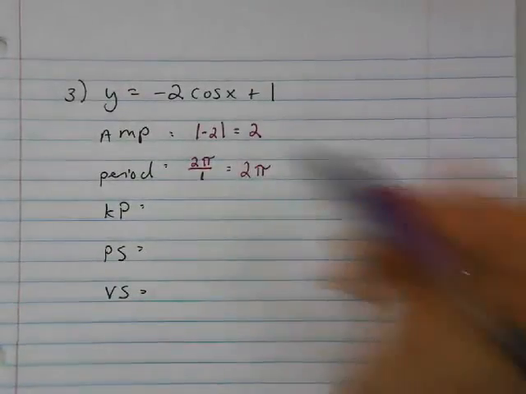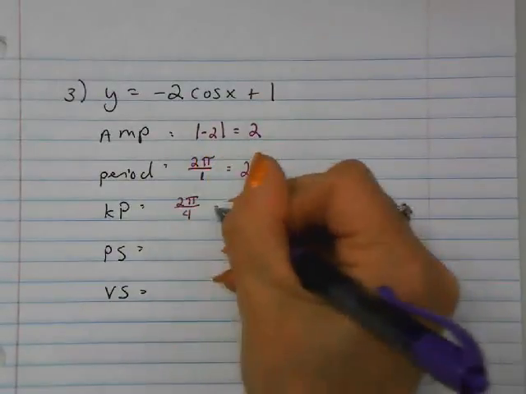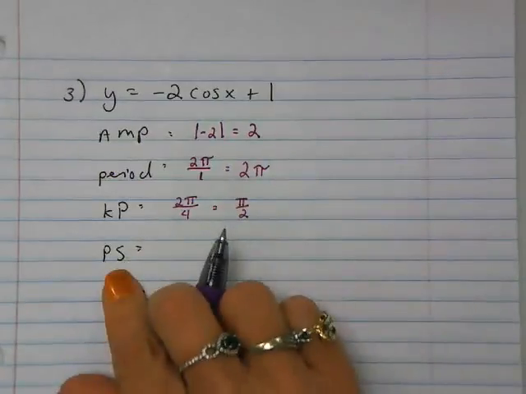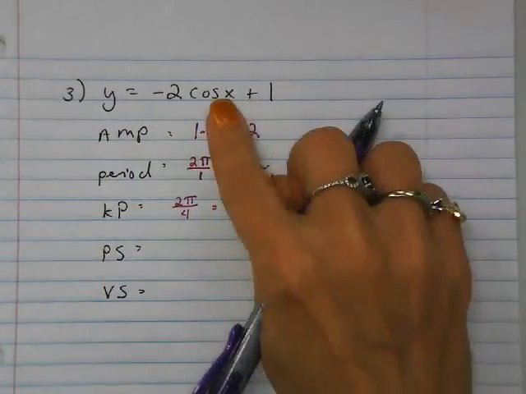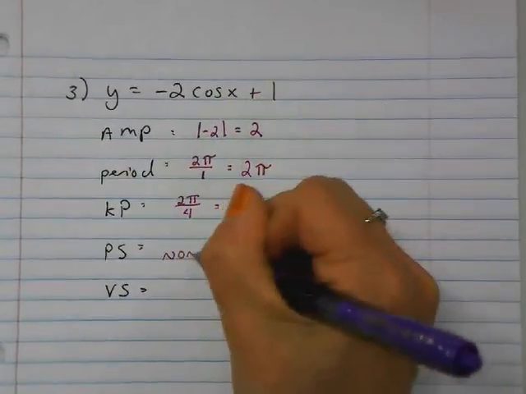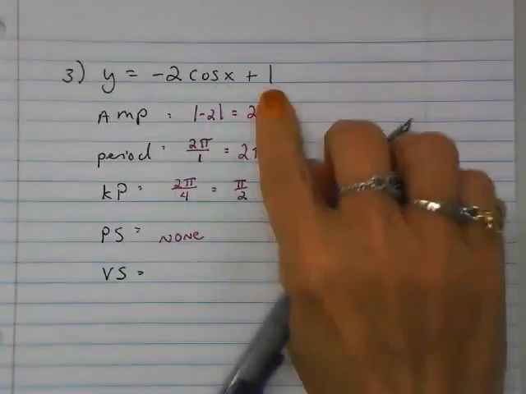My key point, take your period and cut it into 4 slices. So I get pi over 2. Is there a phase shift? Do you have anything in parentheses with your x? No. So you have no phase shift. Do you have a vertical shift? Yes, you do. Up 1.